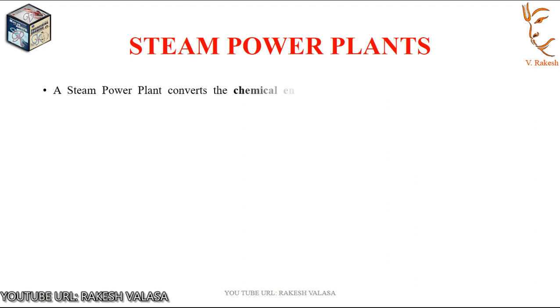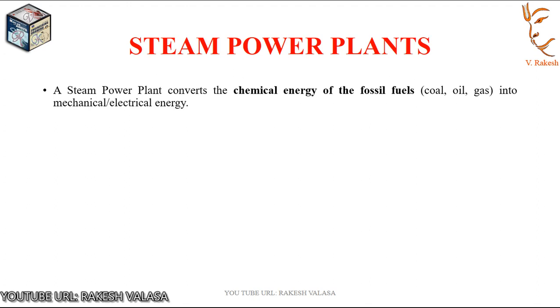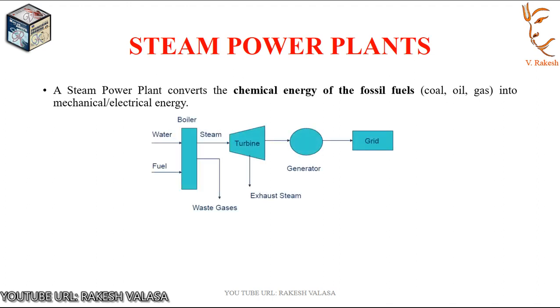A steam power plant converts the chemical energy of fossil fuels like coal, oil, gas into mechanical or electrical energy. In thermal power plants, the heat energy obtained from the combustion of fuel like coal, natural gas, or other carbon based fuel is used to convert water into steam in the boilers.